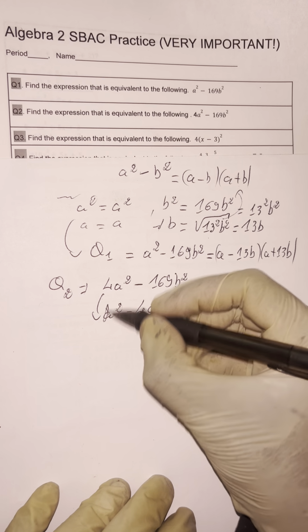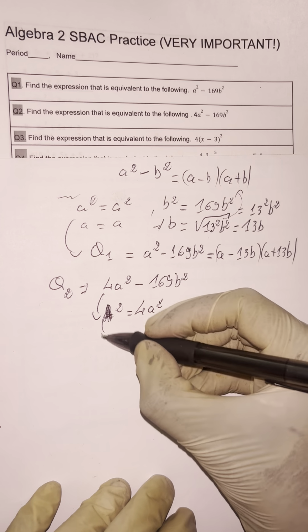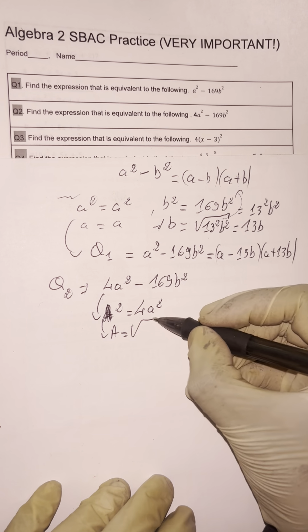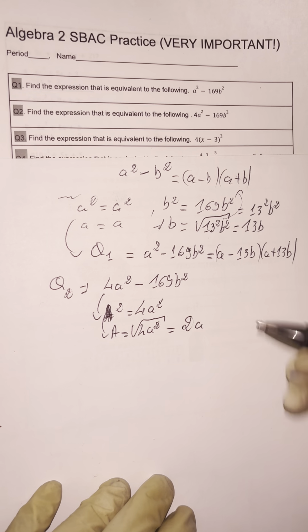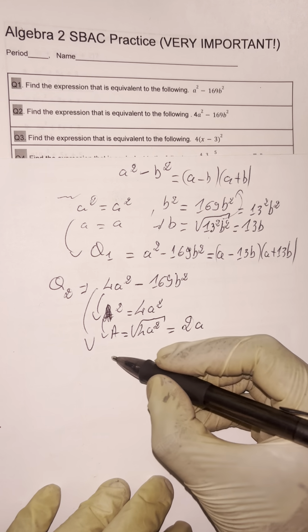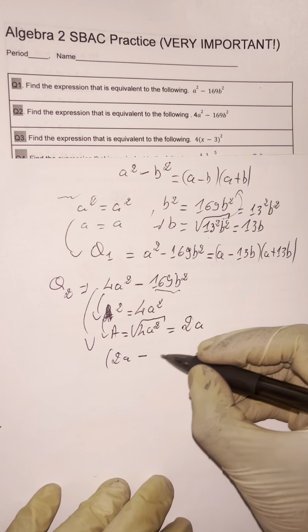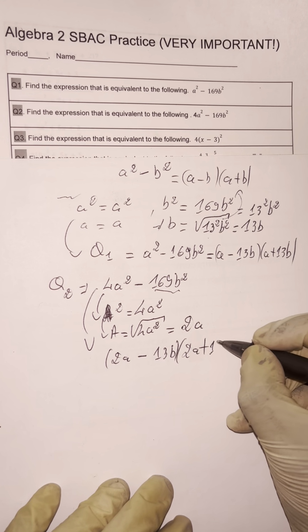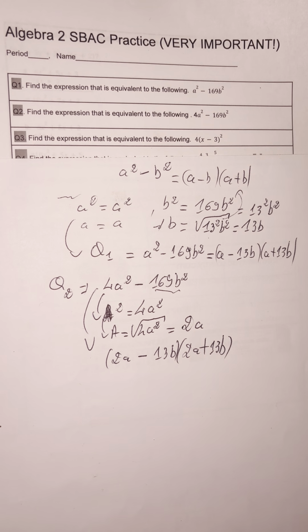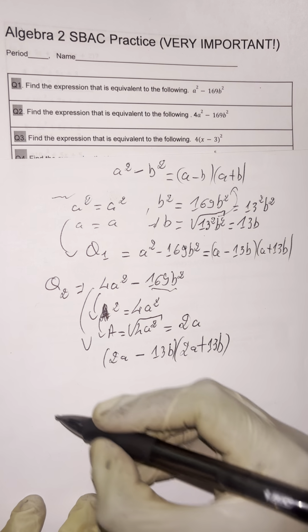Let me turn a squared into a capital A. So our a is going to be the square root of 4a squared, which is simply 2a. So this is going to turn into 2a minus, we already have this, so 13b times 2a plus 13b. This should be done in about 5 seconds, to be honest. You shouldn't waste time on these questions. All right, so let's move on to the next one.